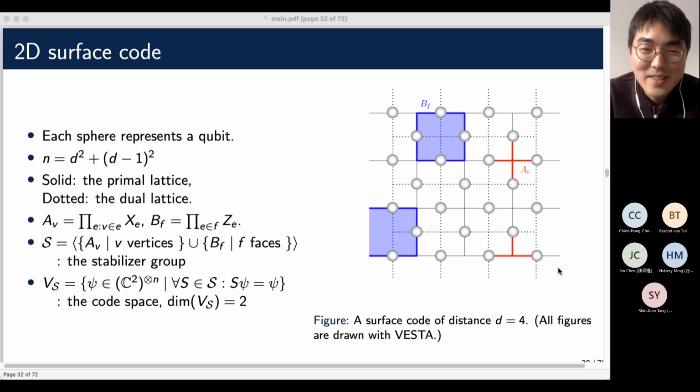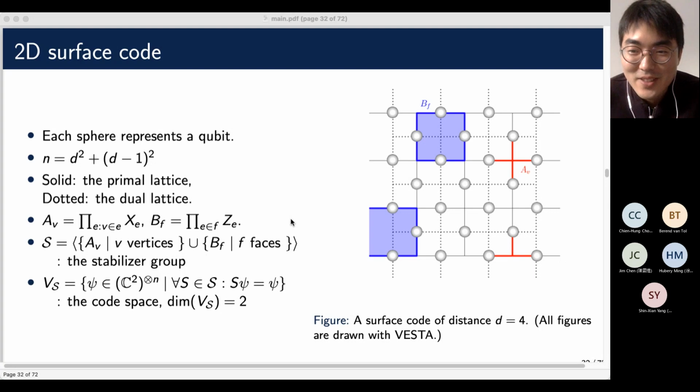And the stabilizer generators are denoted by AV and BF. AV is called a star operator, and BF is called a plaquette operator. And we consider the stabilizer group S generated by all AV and BF, where Vs are vertices and Fs are faces of the lattice.